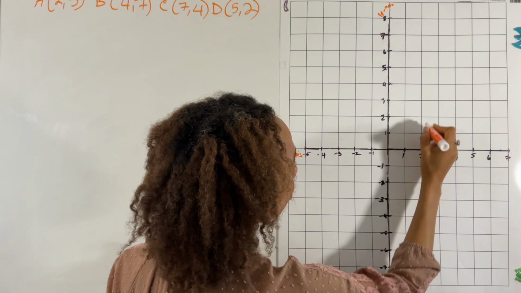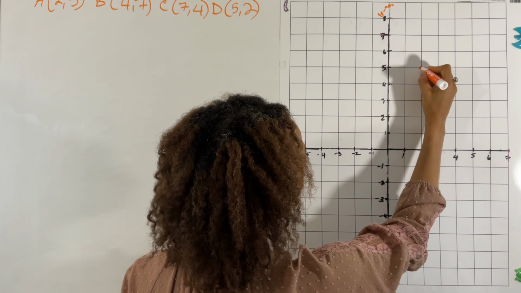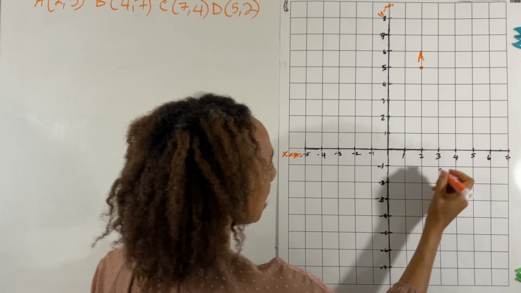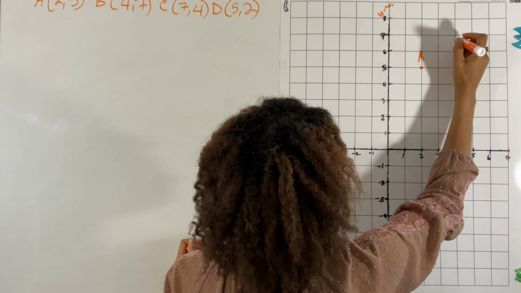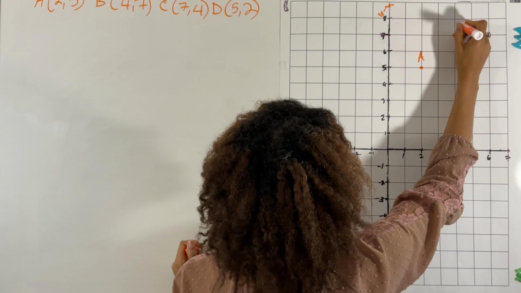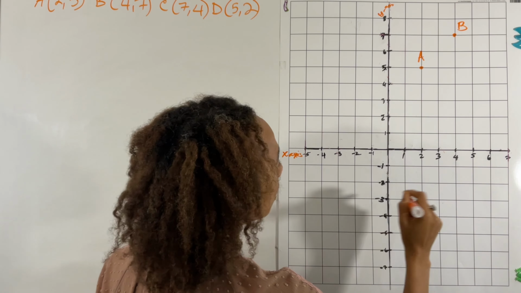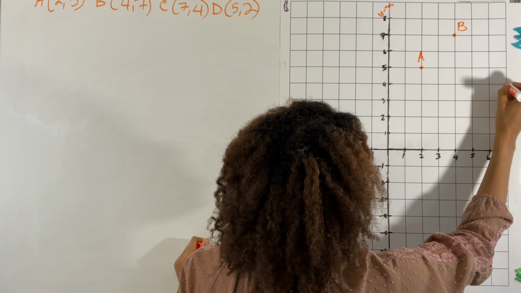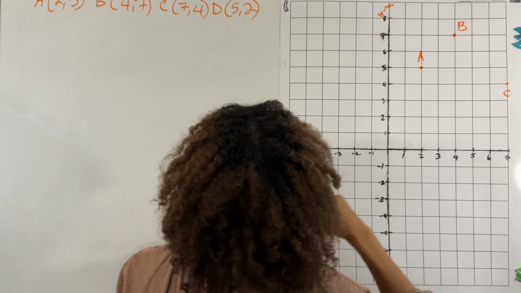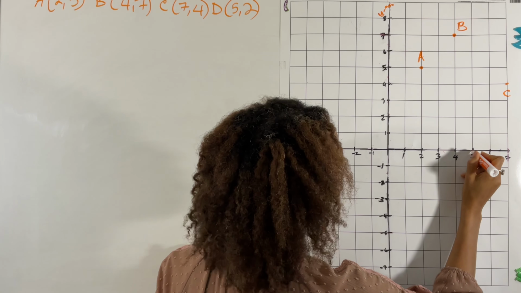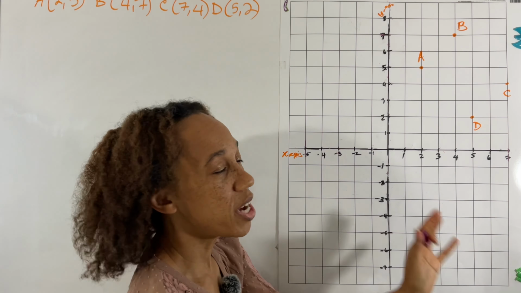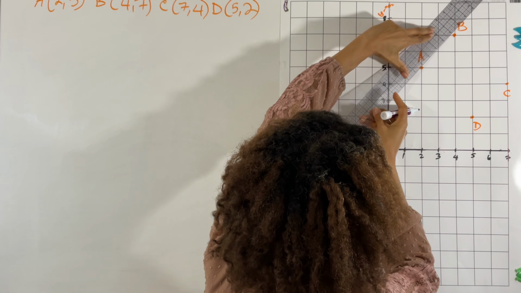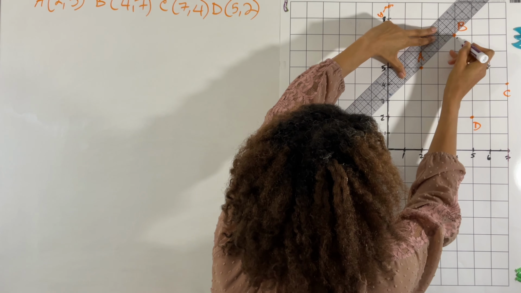So x is 2 and then 5, so this is your point for A. Now B is 4, 7. This is B. And then for C, it is 7, 4, which is right here on the edge. And then for D, it is 5, 2. So once you have the points plotted, you can now go ahead and connect your points to form your quadrilateral.